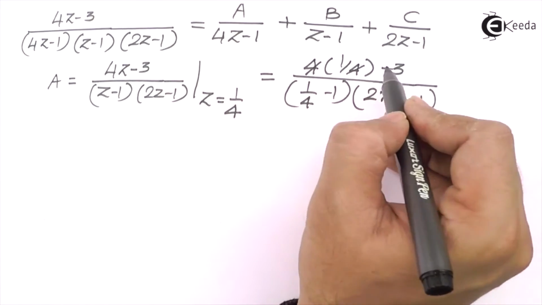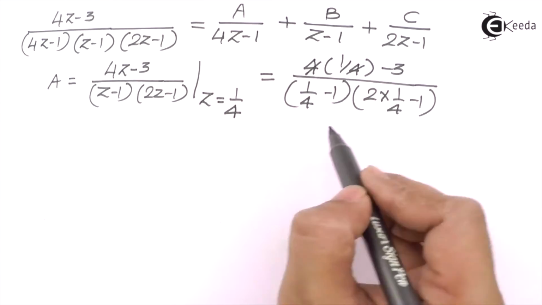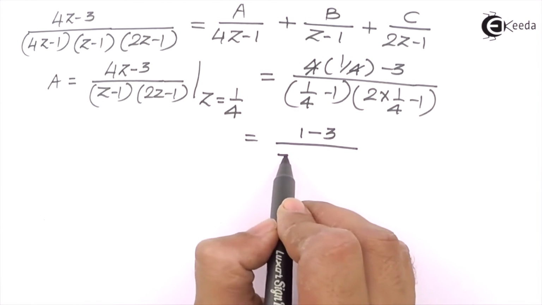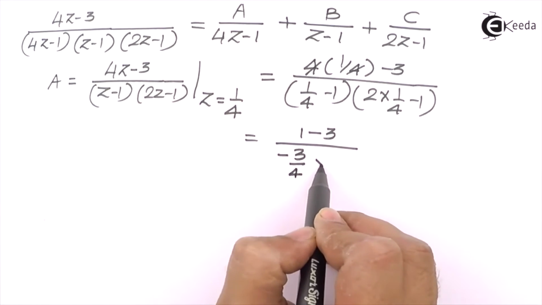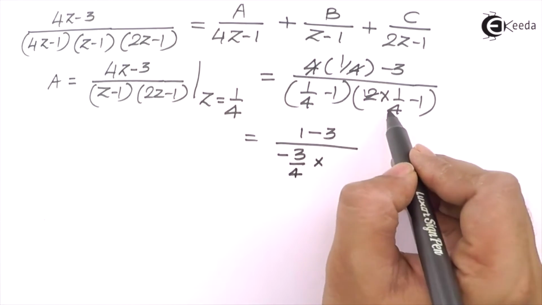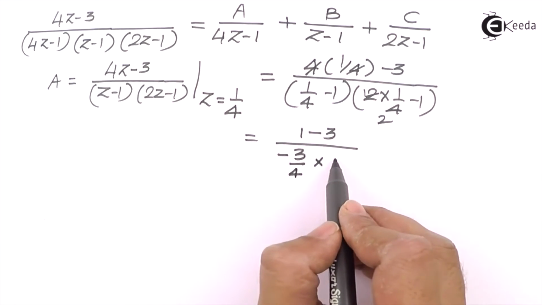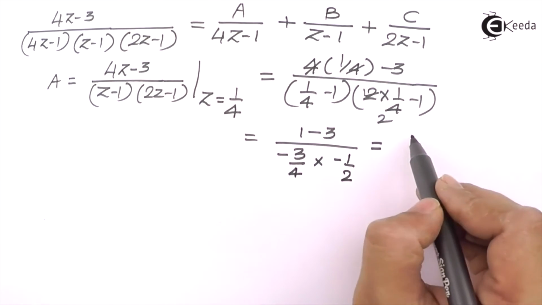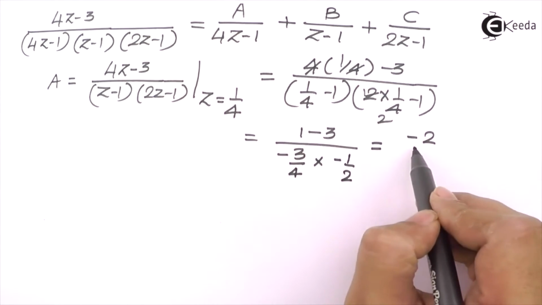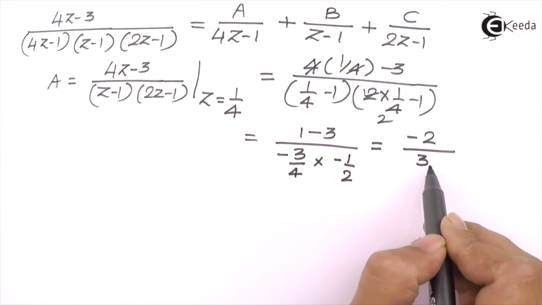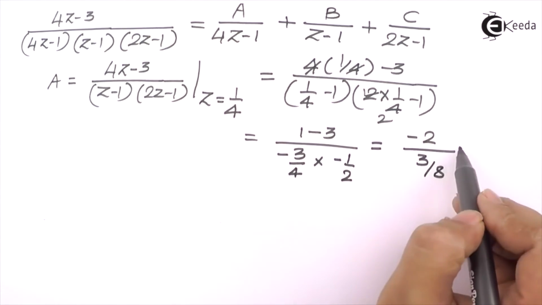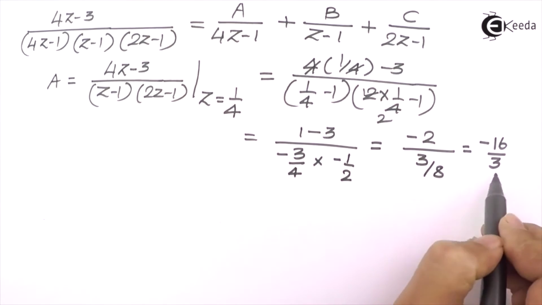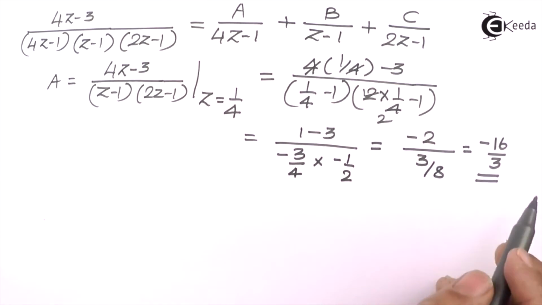So 4 gets cancelled. So basically over here I am getting this as (1 - 3) upon (-3/4) multiplied by, here also I'll get 1/2 - 1 as -1/2. So if I simplify this, what I will get, -2 upon 3/8, and ultimately this will be -16/3. This is the shortest way to find out the residue A.